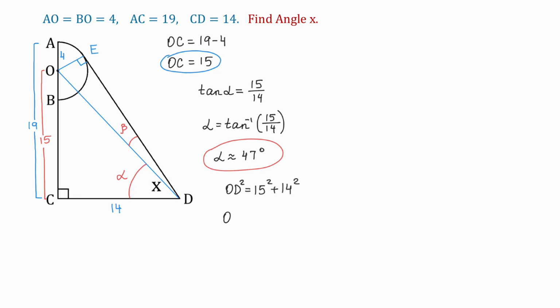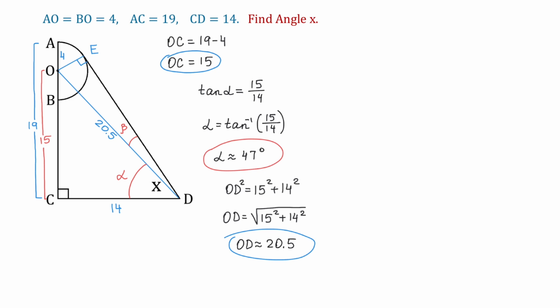Then OD equals square root of 15 squared plus 14 squared. Then OD is approximately 20.5. So now in this triangle, we know the side opposite of angle beta and the hypotenuse.